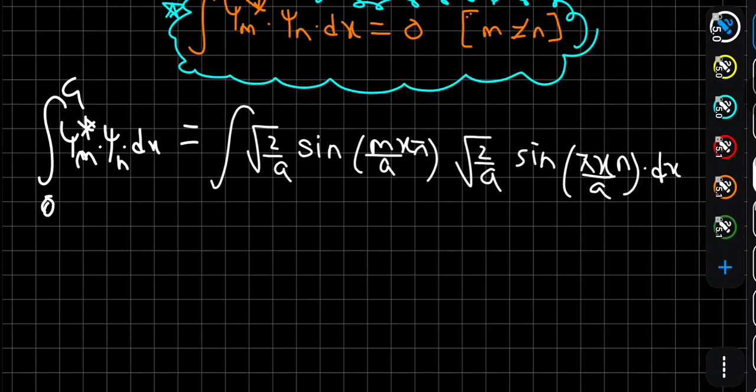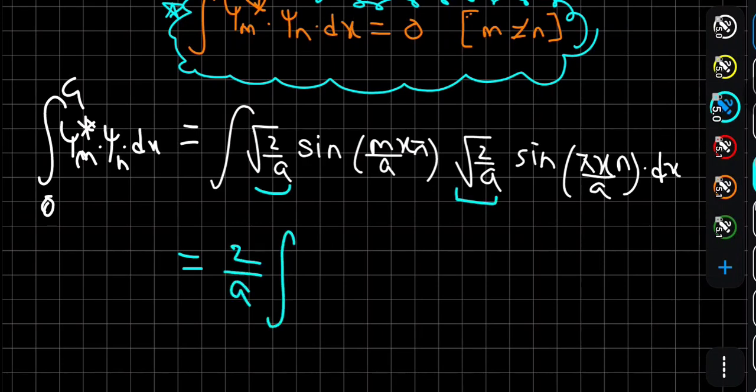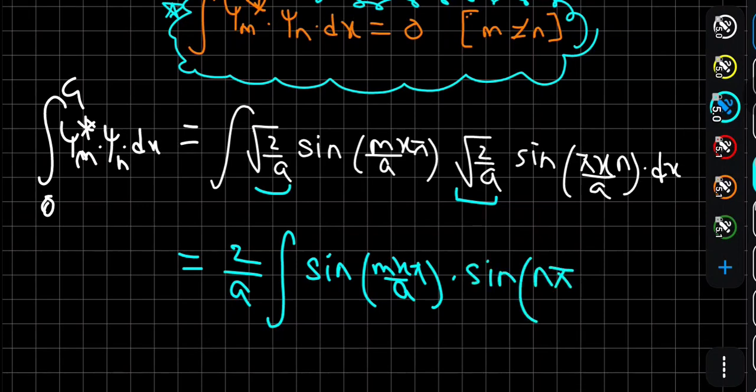Let's evaluate this now. I can multiply the two root 2 by a factors to get 2 by a, and remove it from the integral as it's a constant. We have sine of m pi x divided by a multiplied by sine of n pi x divided by a, dx.